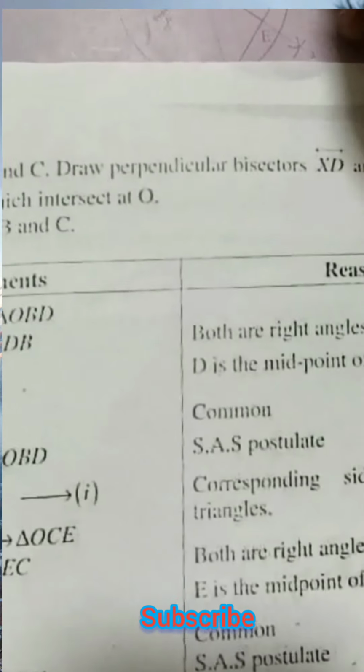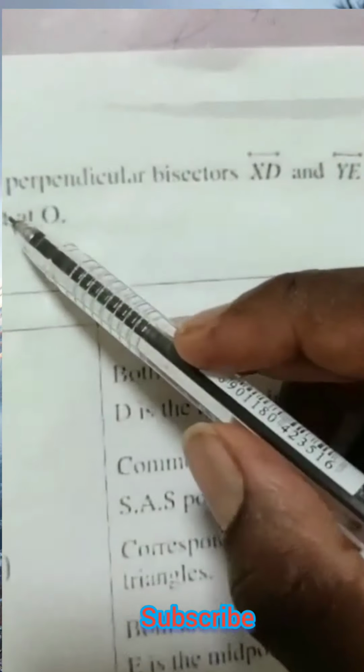We are taking three non-collinear points A, B, C. First we are joining AB and BC, and we are drawing perpendicular bisectors.